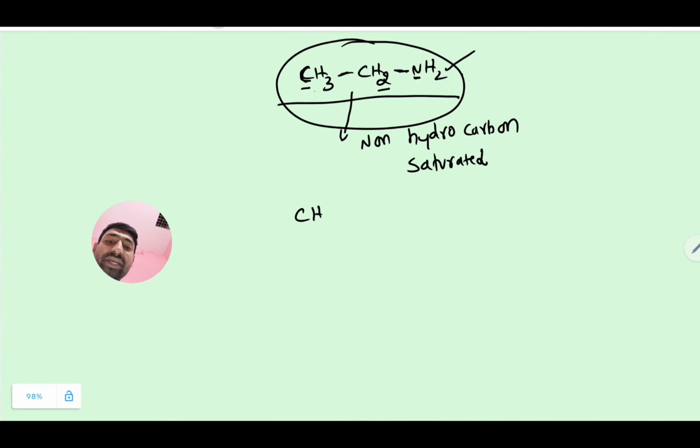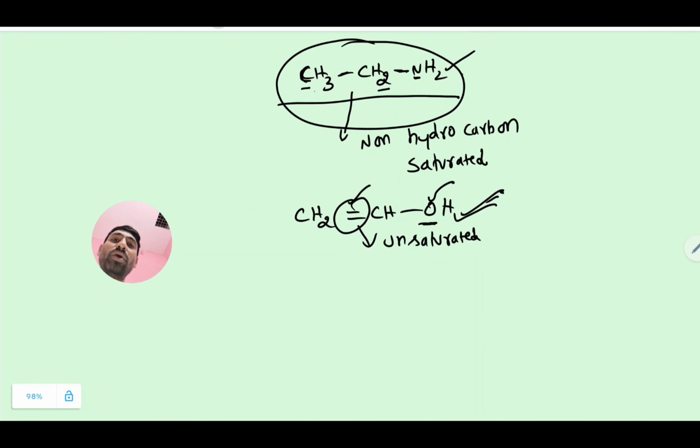For example, take CH2 double bond CHOH. It contains oxygen, so it is a non-hydrocarbon. A double bond is there, so it is unsaturated. So it is an open chain acyclic, non-hydrocarbon, unsaturated compound.